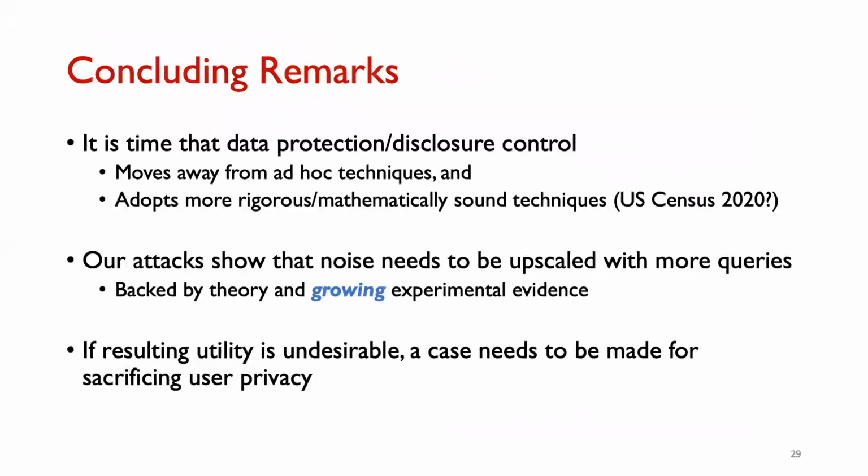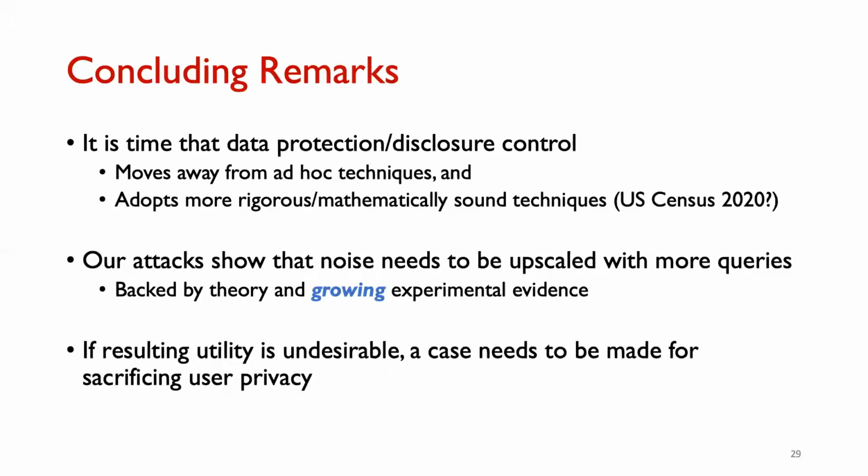So to conclude, we believe that it's time that data protection and disclosure control should move away from ad hoc techniques and use more rigorous and mathematically sound techniques like differential privacy, which is done by the US Census 2020 as well.